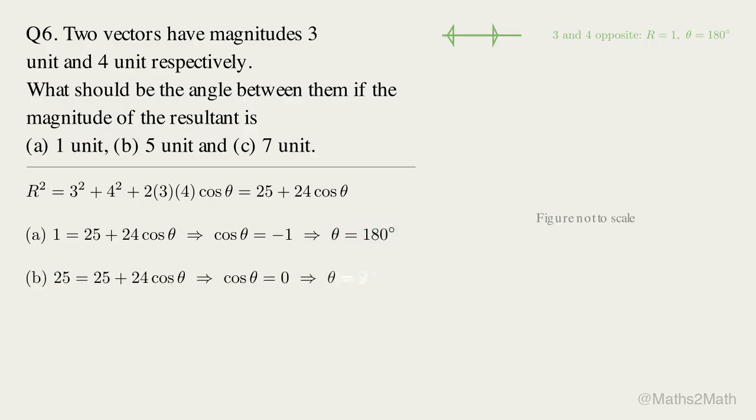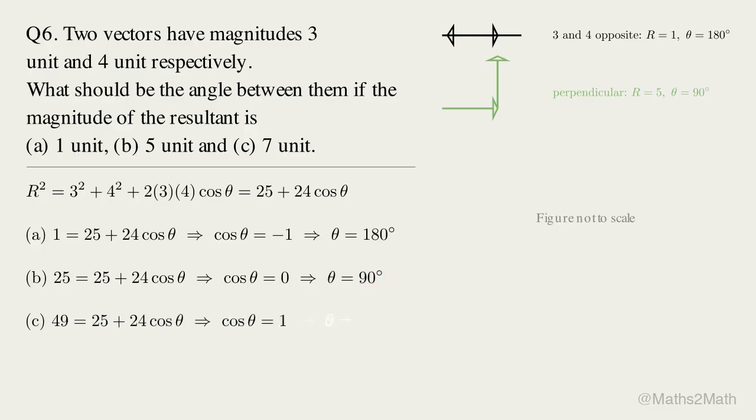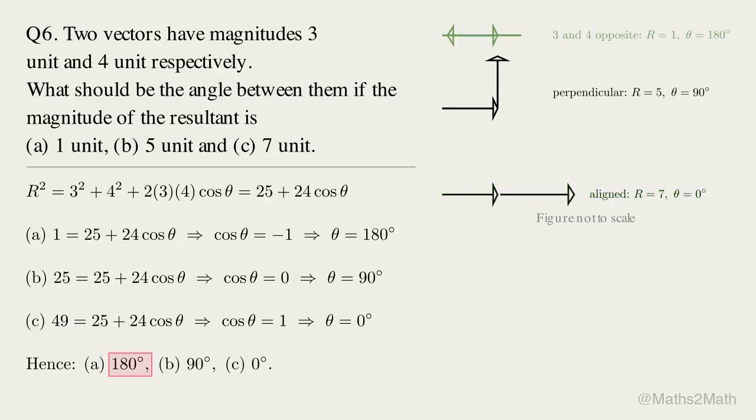For r equal to 5, 25 equals 25 plus 24 cosine theta, so cosine theta is 0. Theta is 90 degrees. For r equal to 7, 49 equals 25 plus 24 cosine theta, so cosine theta is 1. Theta is 0. Hence, 180 degrees, 90 degrees, and 0 degrees.